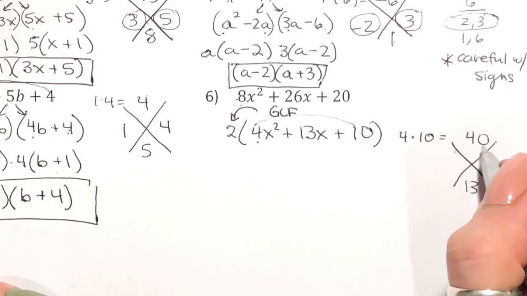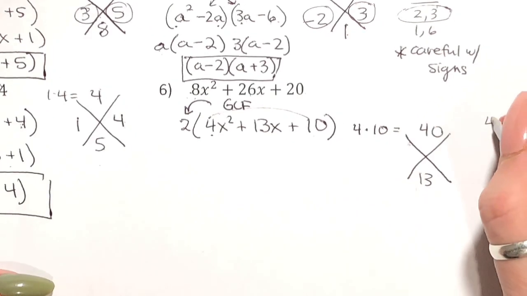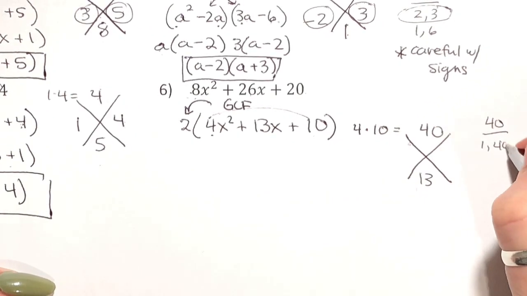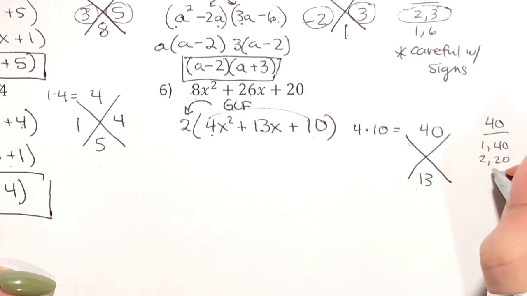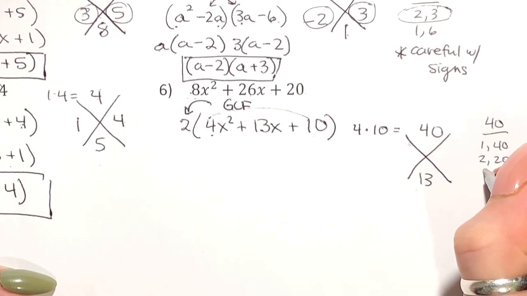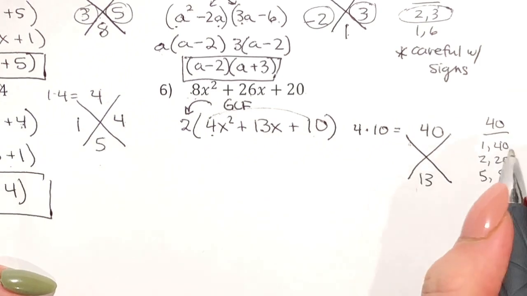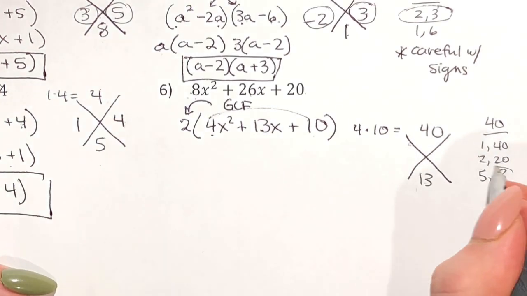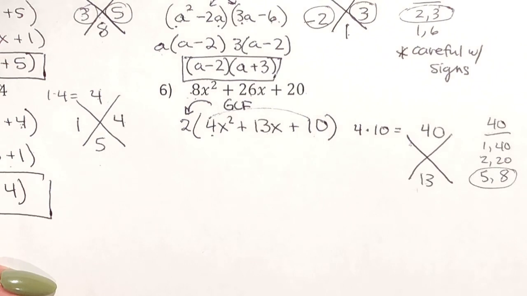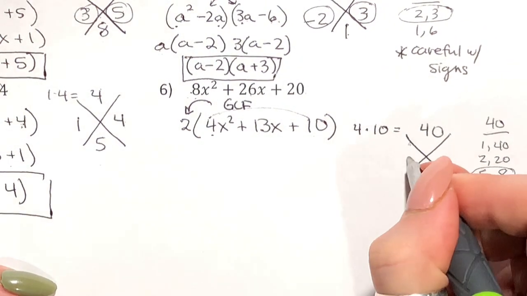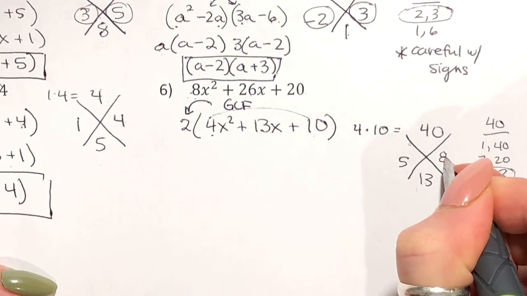So thinking of your factors of 40, we could do 1 and 40, we could do 2 and 20. There's 5 and 8. So out of those, the ones that add up to be 13 is 5 and 8. So 5 plus 8 is 13. So 5 times 8 is 40, but 5 plus 8 is 13.